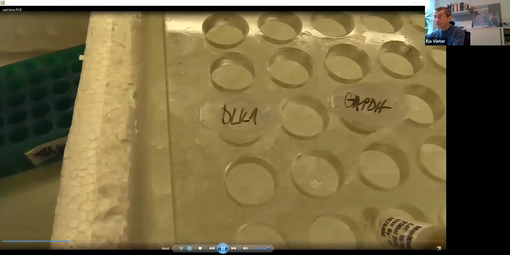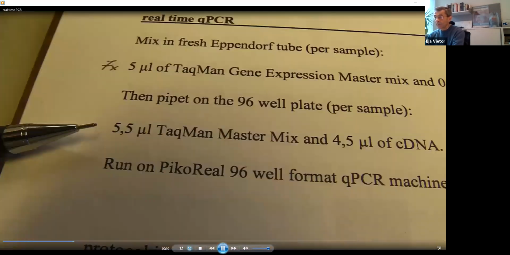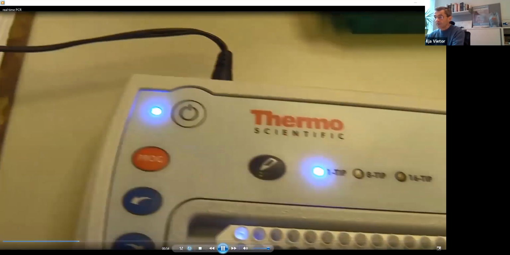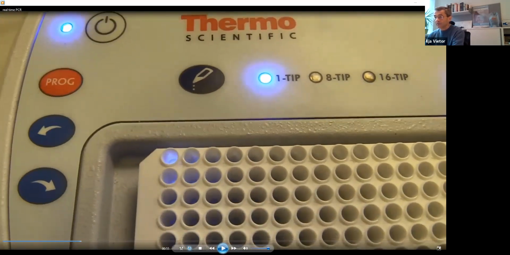So here are the master mixes. Then you put the master mix into the tubes, and for this we have a very useful device for this particular instrument where you can always turn on a light for the sample where you have to pipette, since there are many samples and it's easy to make a mistake.